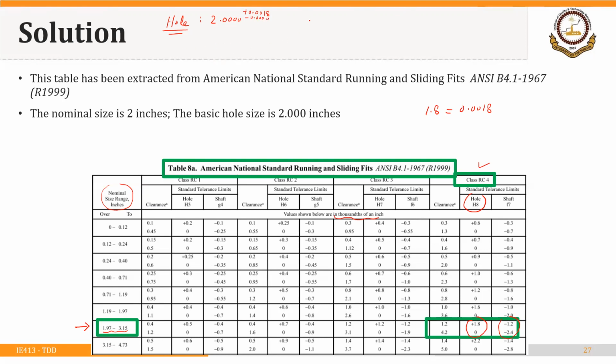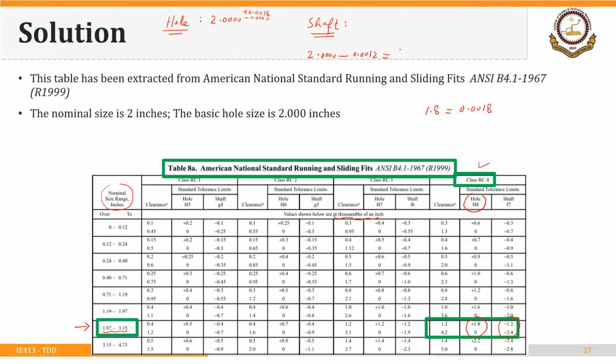Similarly, for the shaft, we have to make a couple of small calculations. First we need to determine the basic size of the shaft. That will be equal to the upper limit of the shaft. So the upper limit will be equal to 2.0, and you can see here minus 1.2, that is actually minus 0.0012.